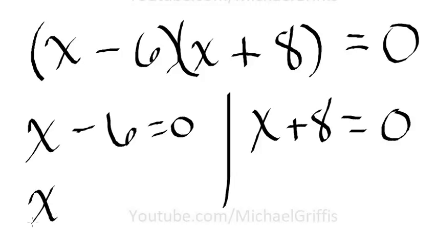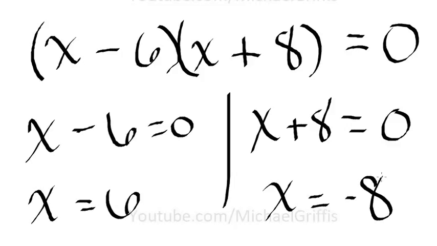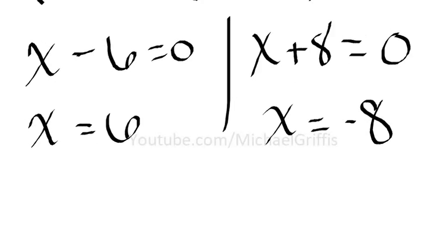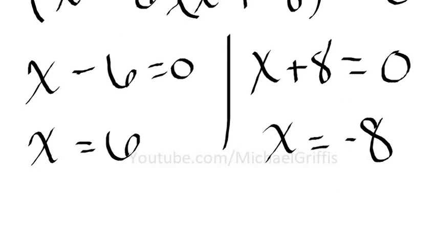Solve for x. So at this point, you should definitely know how to solve for x. Okay, so we're going to be skipping all those intermediate steps. Okay, so here's our two possible solutions here.